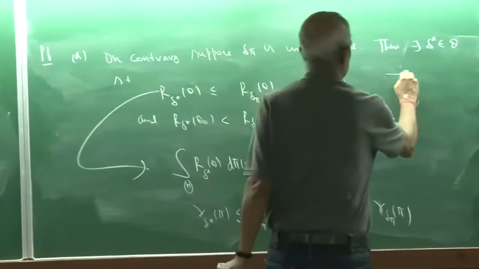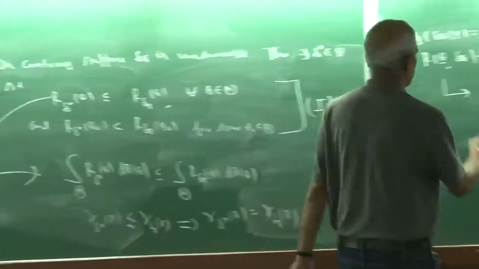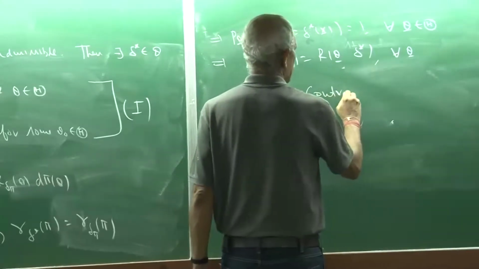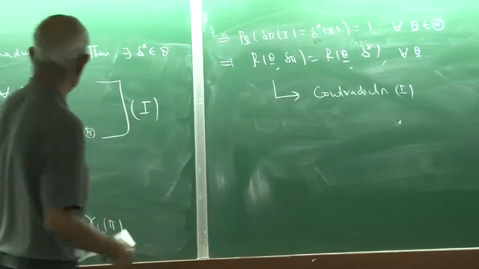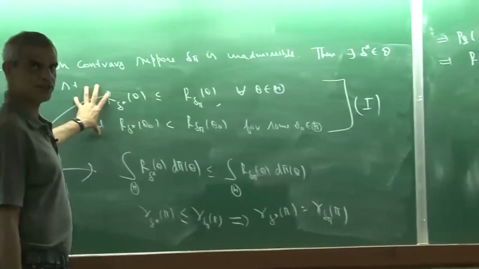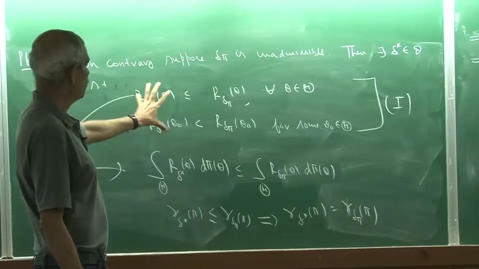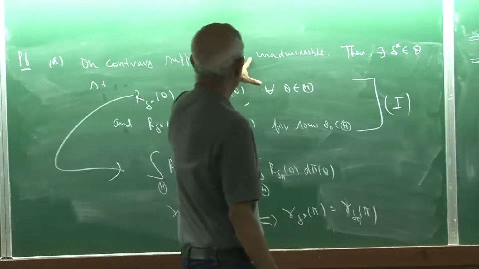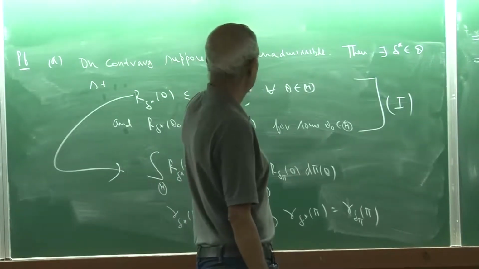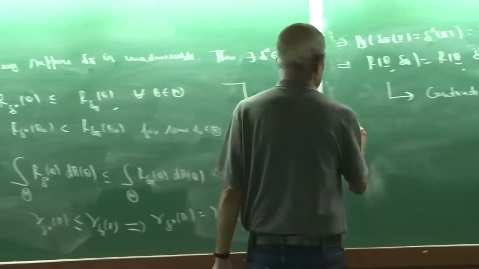This contradicts the assumption. So I started with a counter hypothesis, and I got something funny. So whatever I had assumed in the beginning is not correct. That means delta pi is not inadmissible. If it is not inadmissible, that means delta pi is admissible.